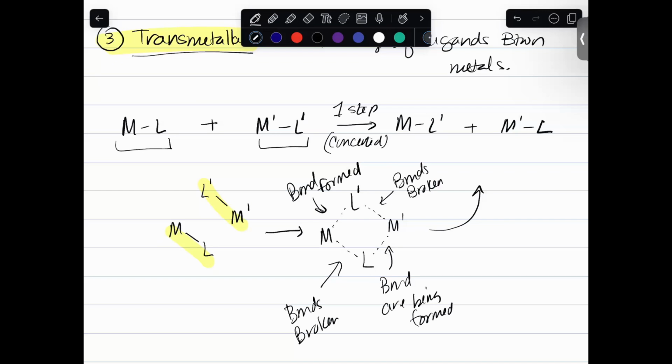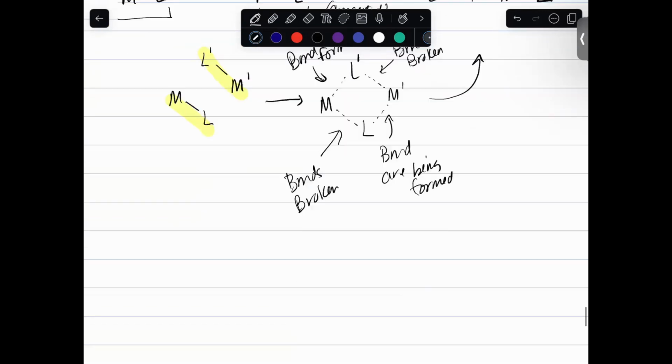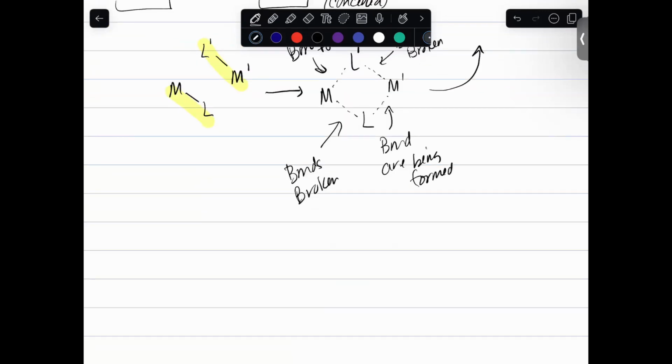So what's being exchanged? Now, typically halogens are really great at exchanging. So when you have a halogen bonded to your metal, your leaving group, these are the best to exchange.